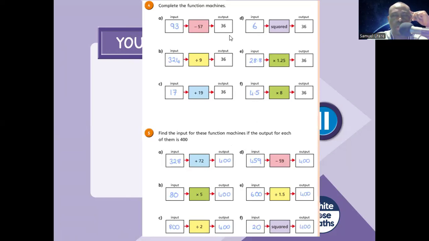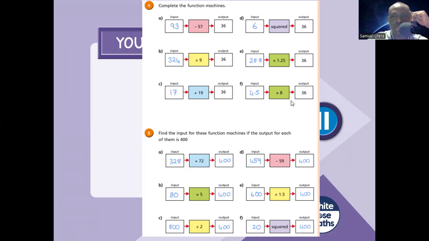Okay, so here you're given the outputs, you require to find the inputs. Don't forget about inverse operation. So here we're going to be adding. So you do the inverse operation. Okay, here you do the inverse operation, which is 2 times, because instead of dividing by 9, you multiply to get the input.